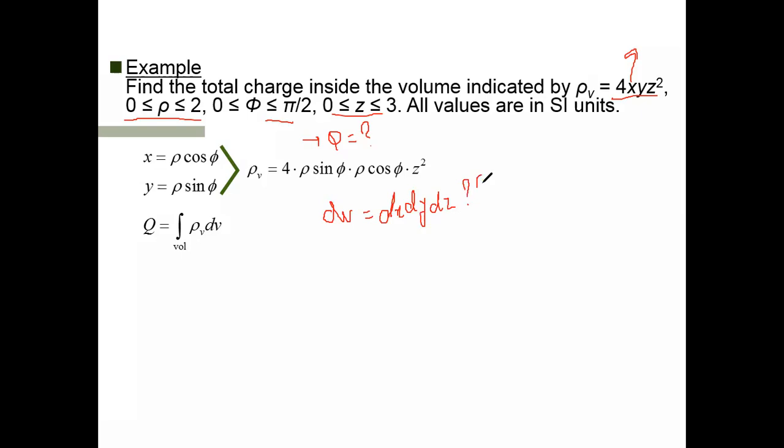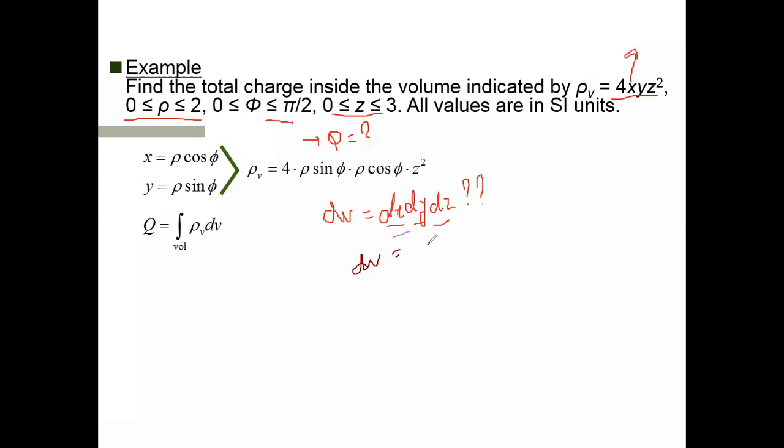No, because I don't know the limits of x, y, and z, so I cannot take this. I know the limits of rho, phi, and z, so I can take dv in the cylindrical coordinate system. In the cylindrical coordinate system, what is the formula for dv?